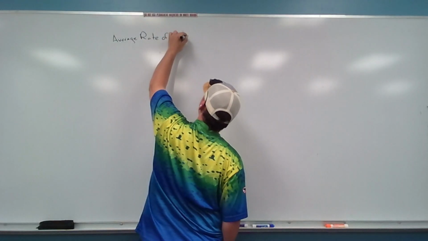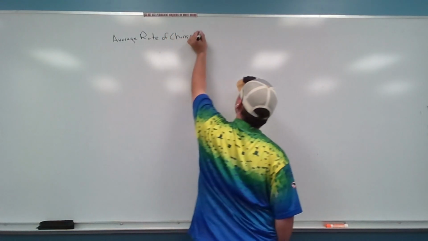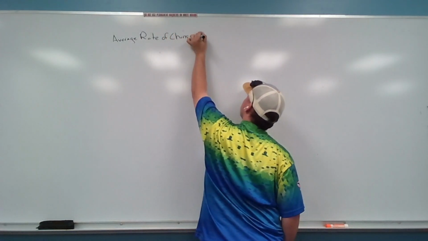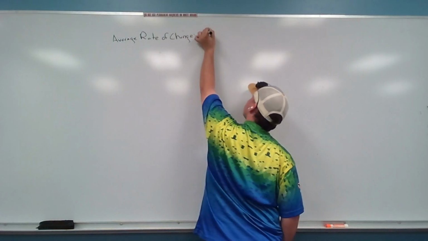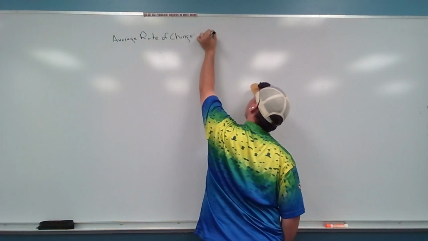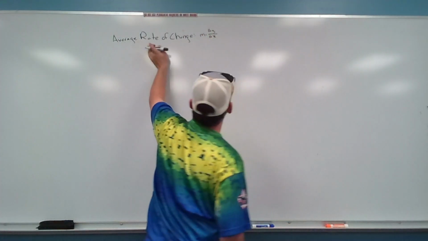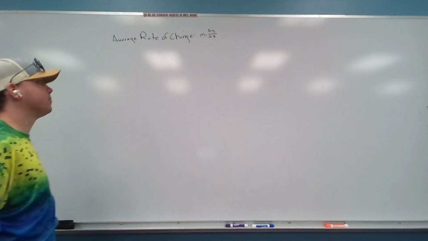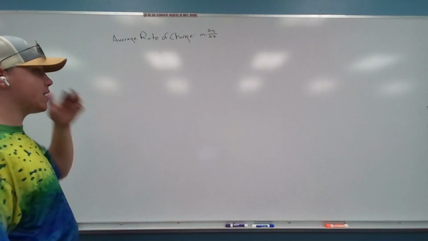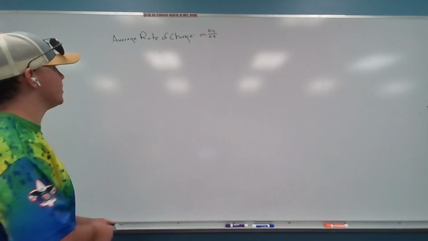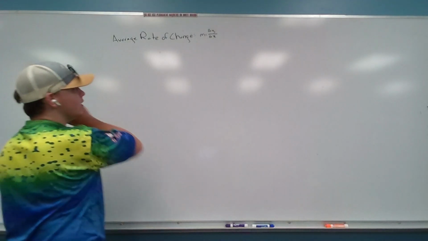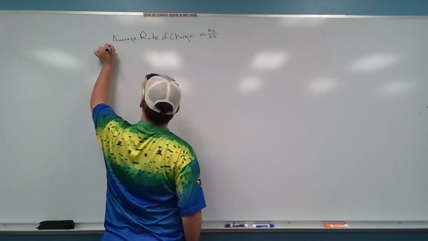If you went to middle school, you know this one. It is m equals change in y over change in x. And that's our rate of change. Easy as pie. So we're essentially going to be doing the same thing, but at a specific point in time. So that's our instantaneous rate of change, if you remember from the last video.